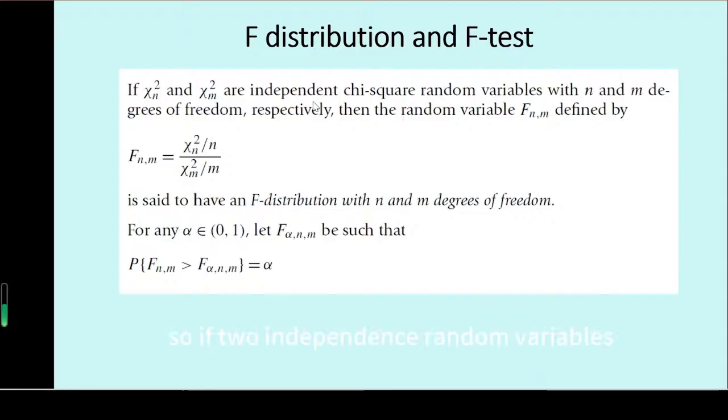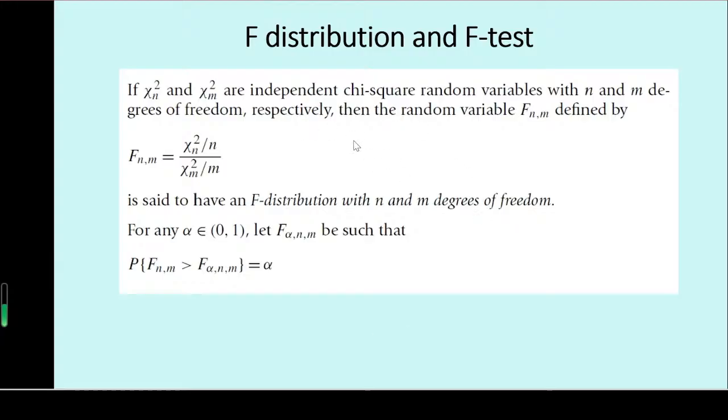If two independent random variables follow chi-square distributions with n and m degrees of freedom, chi-square n and chi-square m, then the ratio of these two random variables, each divided by its degrees of freedom, this statistic F n m, will follow an F distribution with n and m degrees of freedom.